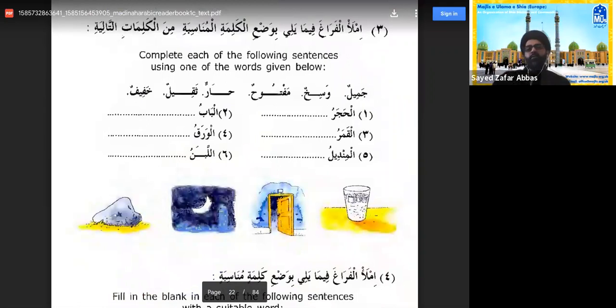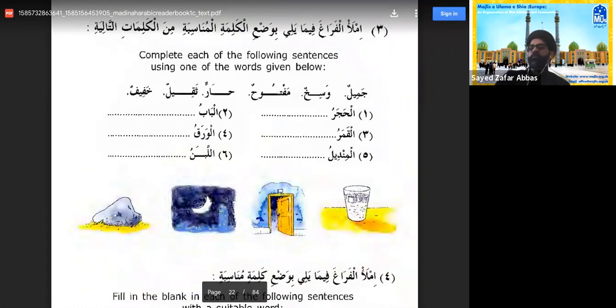So in this, we're being asked إملى الفراغ فيما يلي بوضع الكلمات المناسبة من كلمات التالية. So we need to fill in the blanks in the sentences with the words that have been mentioned.